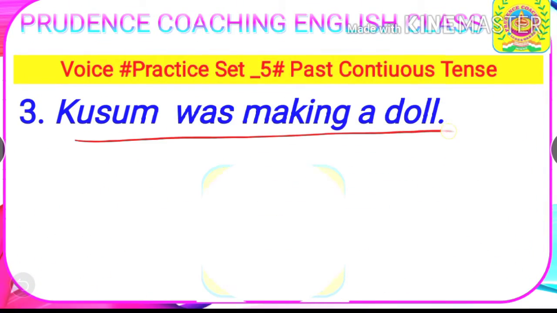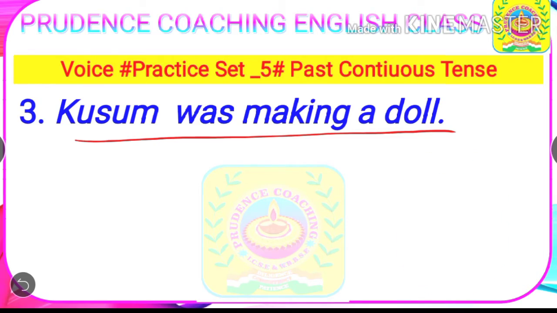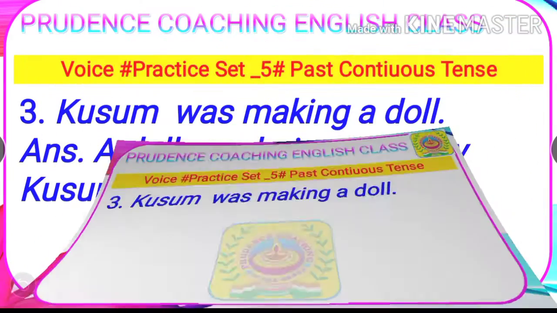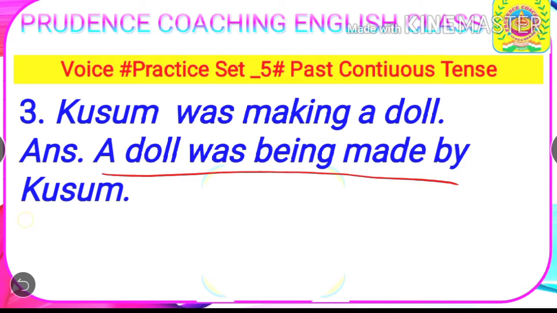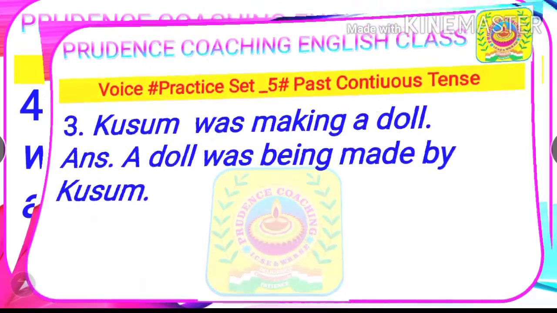Kusum was making a doll. Your time starts now. Here your time ends. Now the answer is: a doll was being made by Kusum. I hope you have written the correct answer, and those who are performing with us, let us know how many answers are correct for you.